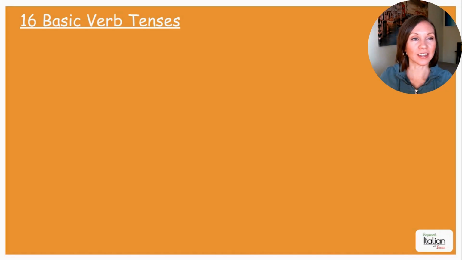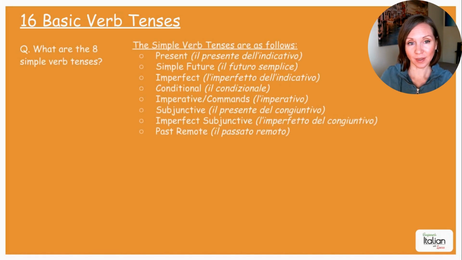So we have the 16 basic verb tenses. What are the 8 simple verb tenses? The simple verb tenses are as follows.